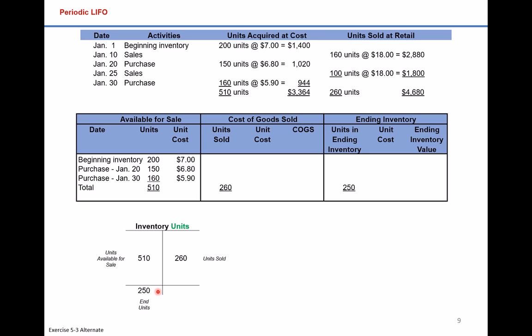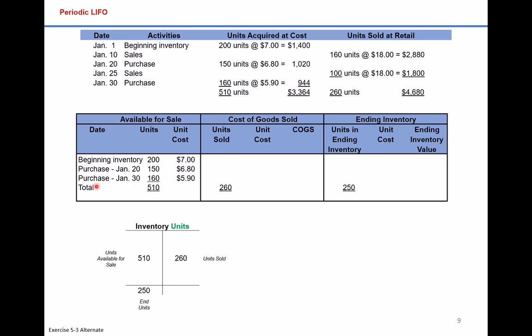Looking at the components of what was left over and the components of what was sold using the LIFO method. So we sold 260. Where are we going to start taking those 260 out? From what we started with or from the very last purchase on January the 30th? Well, the last in, first out method says the last ones you purchased are the first ones you're costing out.